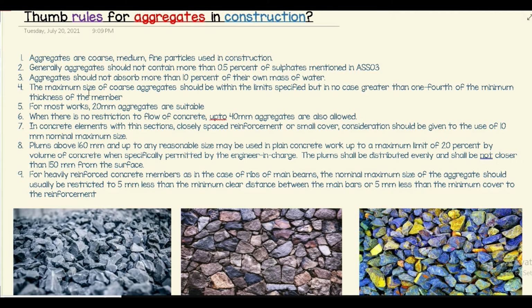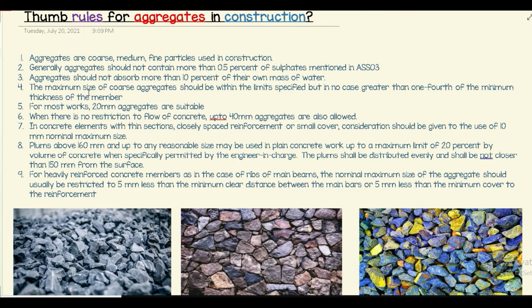So for example, for isolated footings, or retaining walls, when there's no restriction to the flow of concrete, all right, it means that we pour concrete from vertically above the member. So for example, for isolated footings or for piles, you can even use up to 40 mm aggregates.